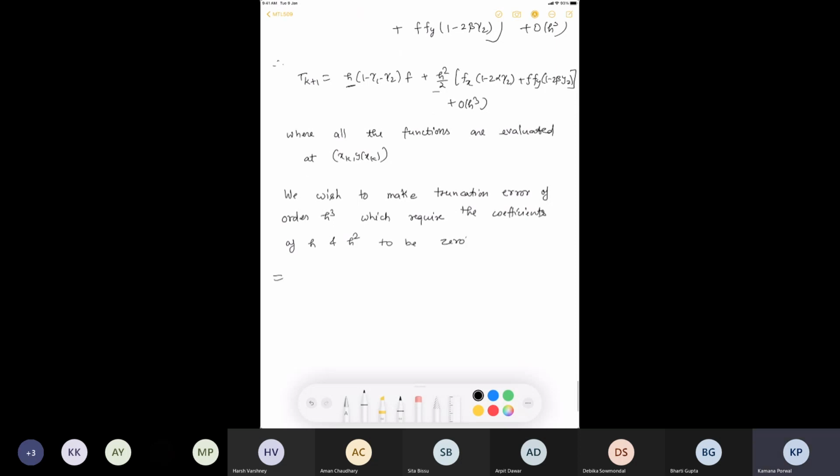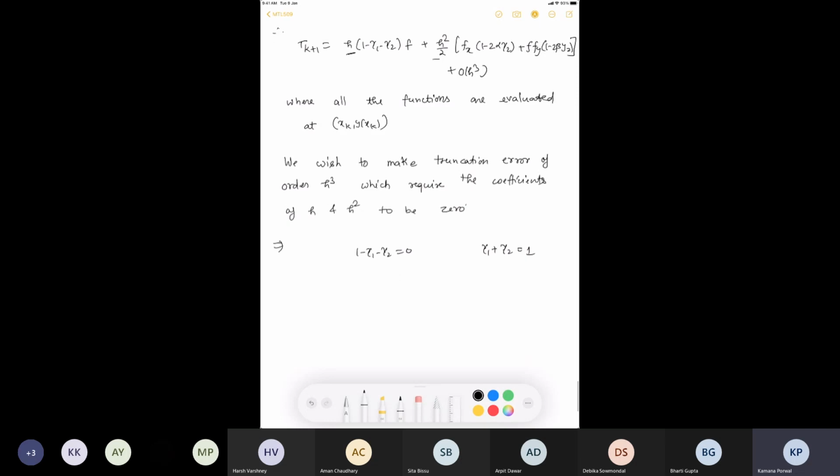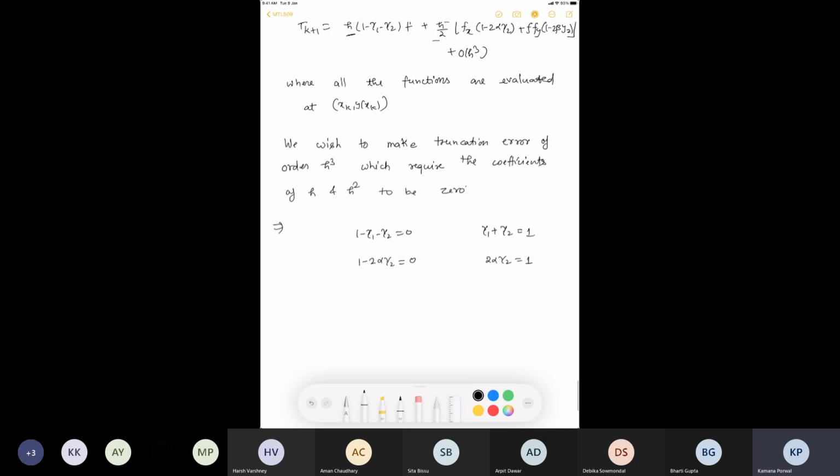So what does this imply? If we want the coefficient of h to be 0, then 1 minus gamma 1 minus gamma 2 equals 0. That is, I get the first equation, that gamma 1 plus gamma 2 has to be 1. And then 1 minus 2 alpha gamma 2 equals 0. So this is the second equation: 2 alpha gamma 2 equals 1. And the third equation is 1 minus 2 beta gamma 2 equals 0, that is, 2 beta gamma 2 is also equal to 1.